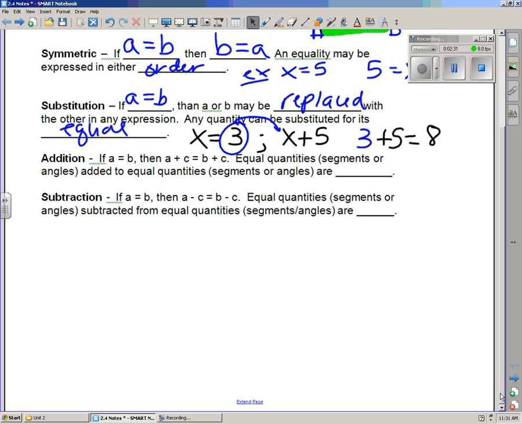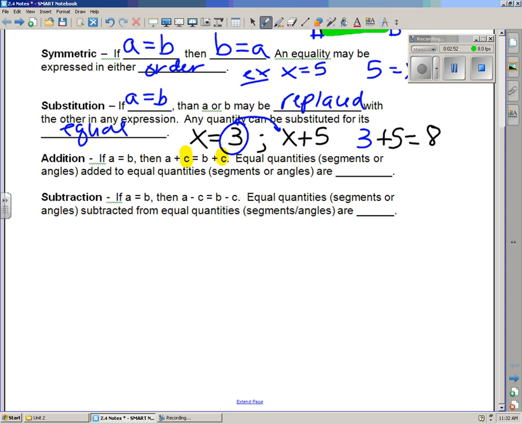These next two postulates, addition and subtraction, again, are used a lot with algebra. If you know that you've got two equal quantities on the left and on the right, A is the same as B, then you can take a third equal quantity, which is C, and by adding C to both sides, you still have equals.